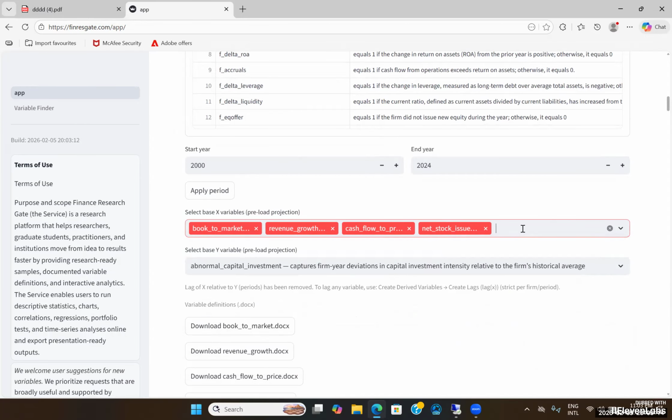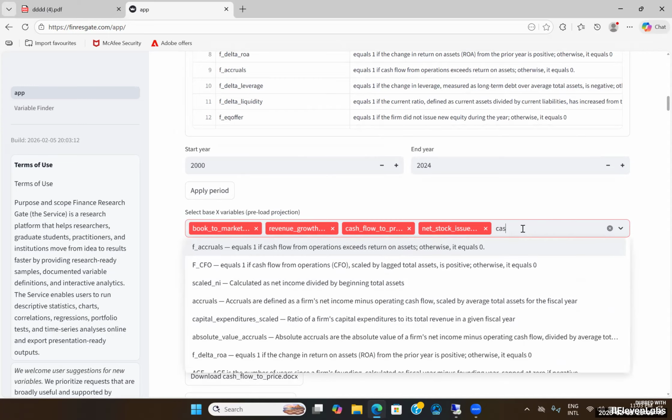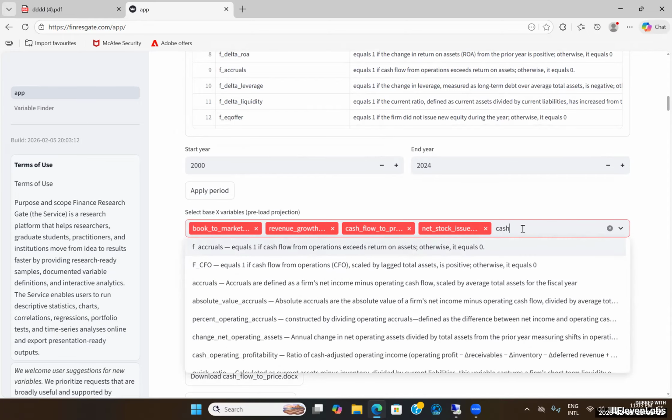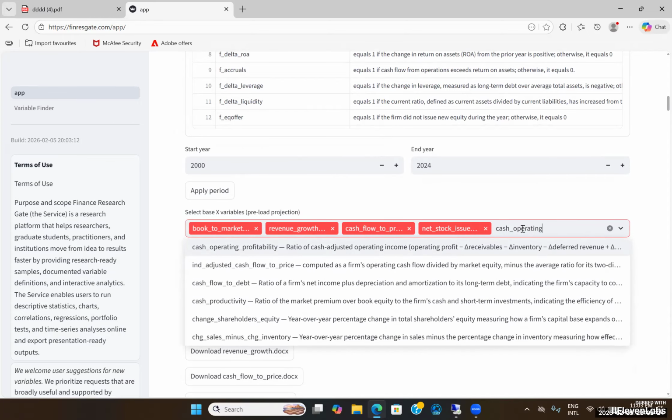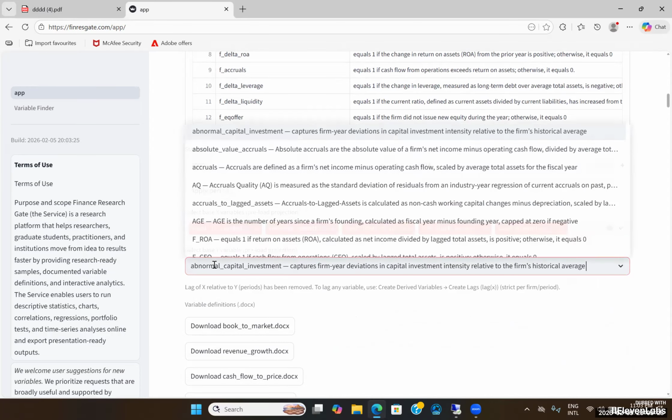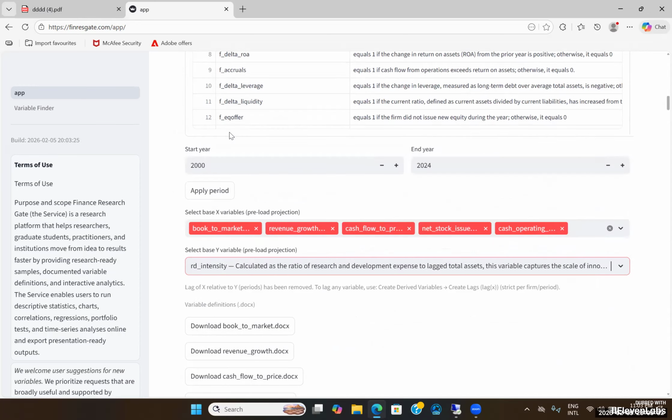And finally, the most important explanatory variable that we have considered in this model is the total cash holding. And for our Y variable, we are going to use the R&D intensity, which represents the total research and development.